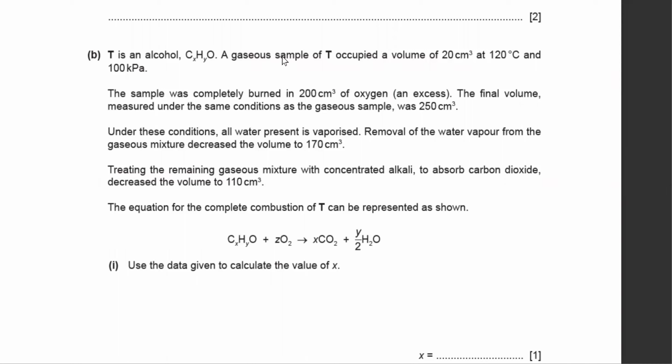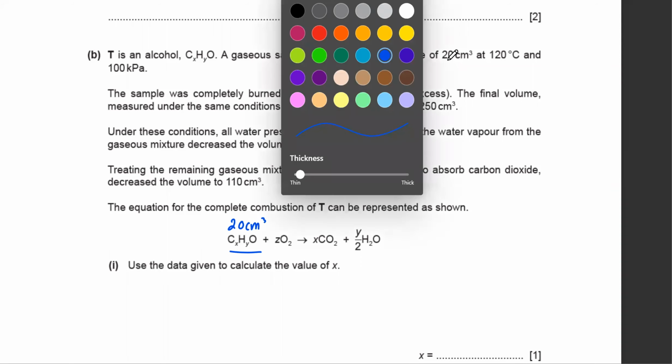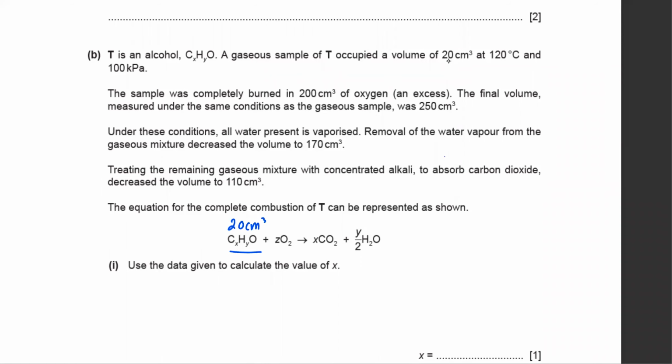So he said that a gaseous sample of T occupied a volume of 20 cm cube. So this is T, the very first one, and the volume is 20 cm cube. And it reacts with an excess of oxygen.